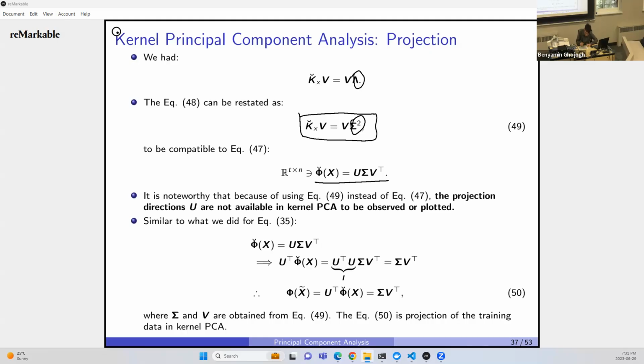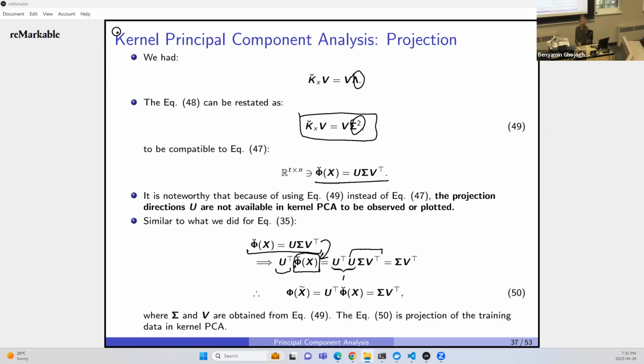What happens? So we had this. Let's start with this, phi back hat equals U sigma V transpose. What was projection in PCA? It was U transpose X back hat, right? Rather than X back hat, now I have phi back hat, the centered data after pooling. So here, U transpose phi back hat. I replace phi back hat with its singular value decomposition.